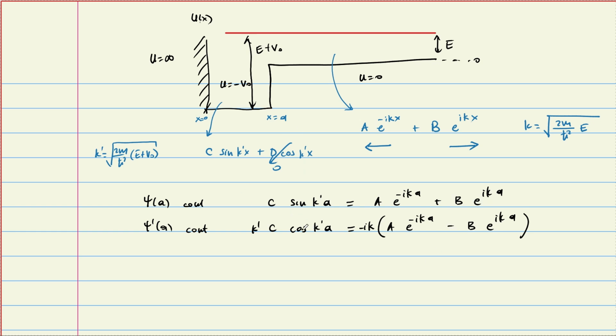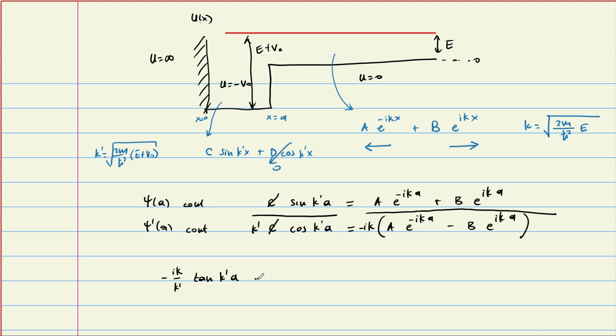Now I want to do what I told many of you to do. Just take the ratio side by side. Cancel c, cancel this. Sine k prime a over cosine k prime a is tangent k prime a, divided by k prime. And I want to put this ik over here, minus ik.